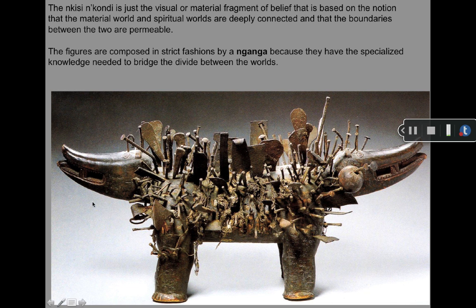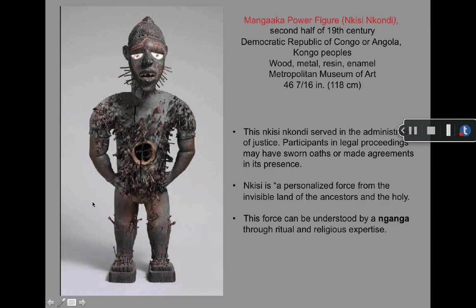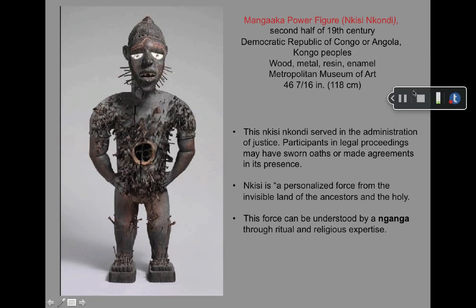I've already talked about the Nkisi Nkondi. As I've said, they can also serve as administrators of justice. Participants in legal proceedings may have sworn oaths or made agreements in the presence of a power figure in a Nkisi Nkondi. For instance, this one would have functioned in that way.